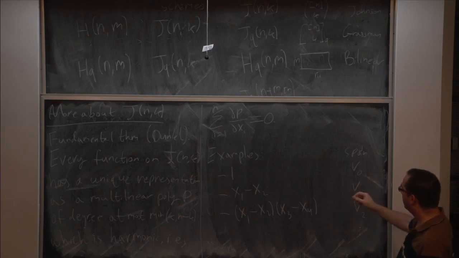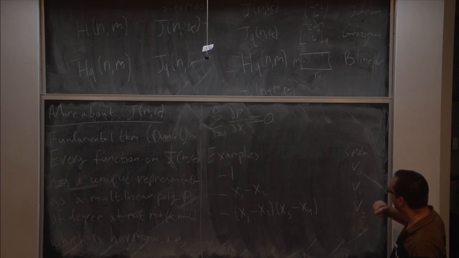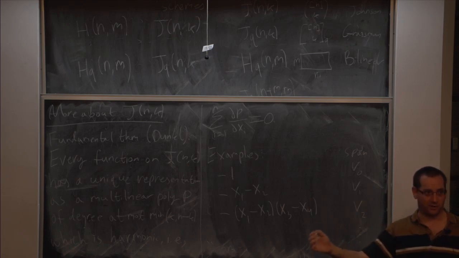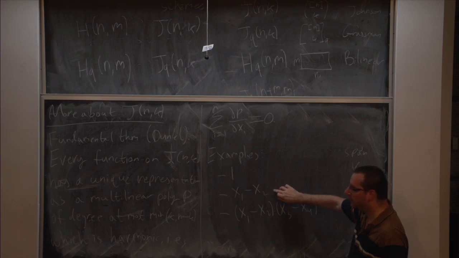Okay, now something which is not as nice is that any function here is orthogonal to any function there, because these common eigenspaces are orthogonal. Here when I say orthogonal, it's with respect to the uniform distribution over the Johnson scheme. But if you take any two functions within the same space, they're not necessarily going to be orthogonal.